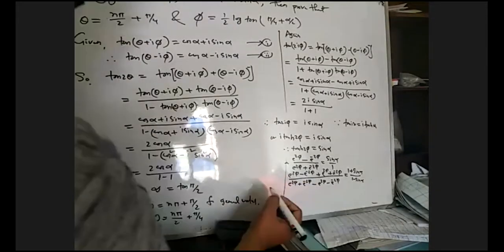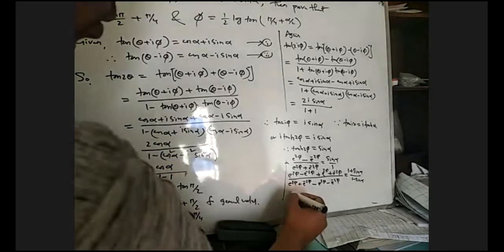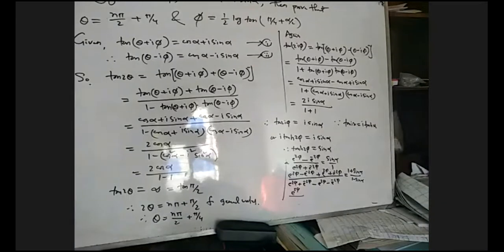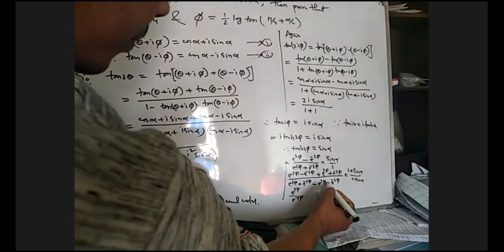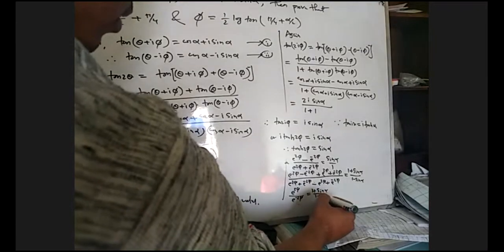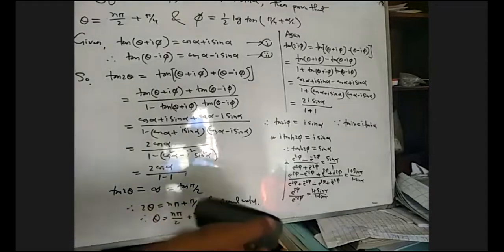And this will be plus. So e to the power twice π divided by e to the power minus twice π equals 1 plus sin α divided by 1 minus sin α.